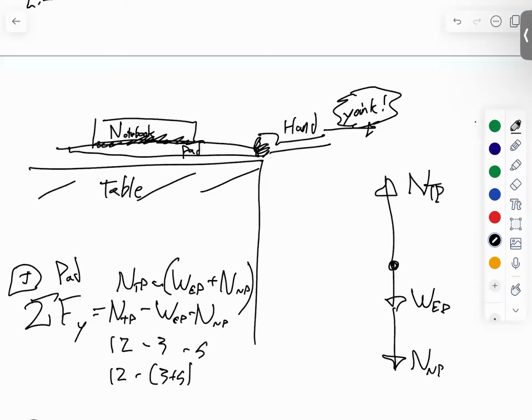Weight does not act horizontally. Weight and normal should not appear in your expression. Those are vertical forces. H, what's H? Pad, pad. We're talking pad now. Notebook was N. Now we're on pad. Oh, H is hand. Of course, I'm so silly.